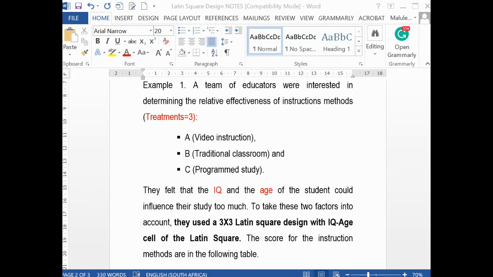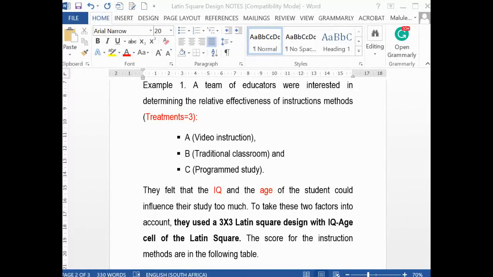In this case, we're blocking by IQ and age. These are our 2 blocking factors, IQ and age. So since we have 3 treatments, under each block we will have 3 options, because we have three treatments here, A, B, C. So even under IQ, you will have 3 options. Under age, again, you will have 3 options.